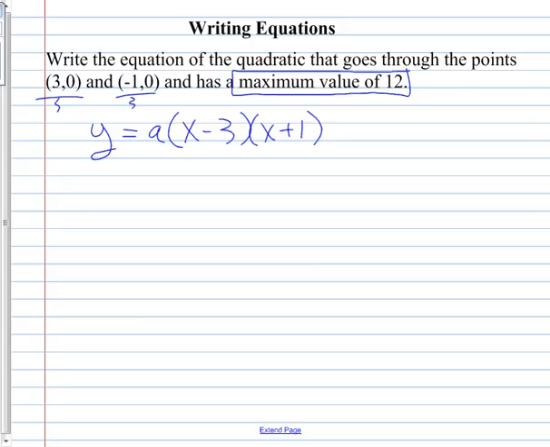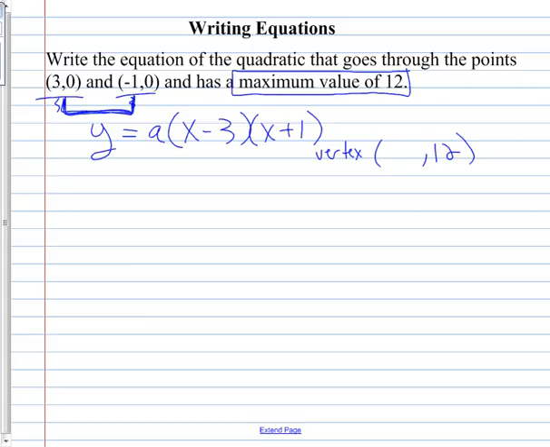What we know that to mean is that the vertex has a height of 12. The vertex has a height of 12, but they don't tell us where the x is. If we look at what we have currently, we know that our vertex is in between our 2 x-intercepts. So they don't directly tell us where the vertex is.